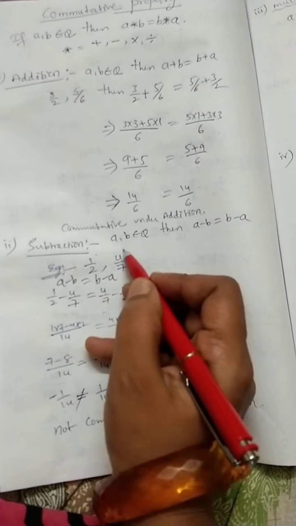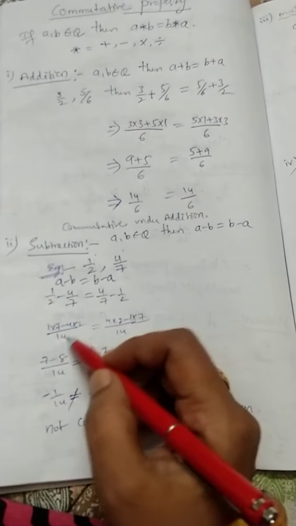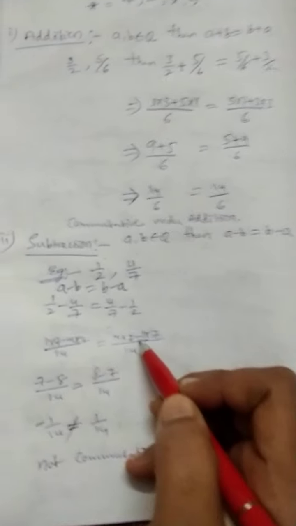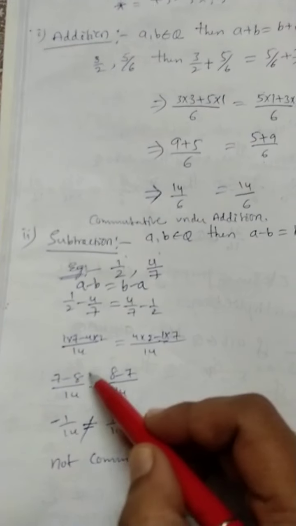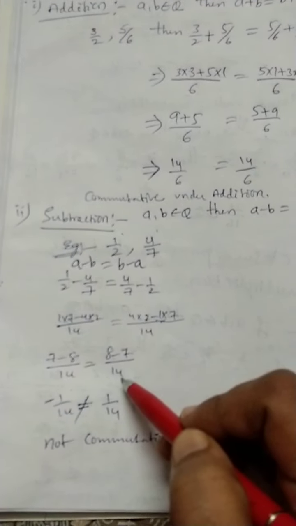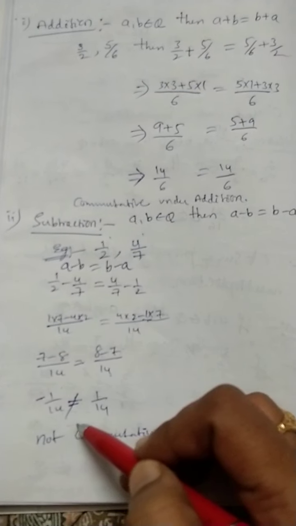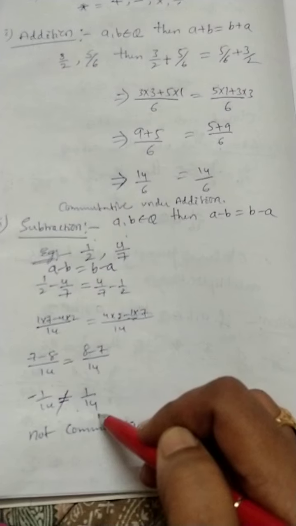So a is 1 by 2, b is 4 by 7. Now do the subtraction. While doing so, you should take the LCM. Already you know how to do LCM. So now 7 minus 8 by 14 is equal to 8 minus 7 by 14. Now minus 1 by 14 is not equal to plus 1 by 14, yes or no?